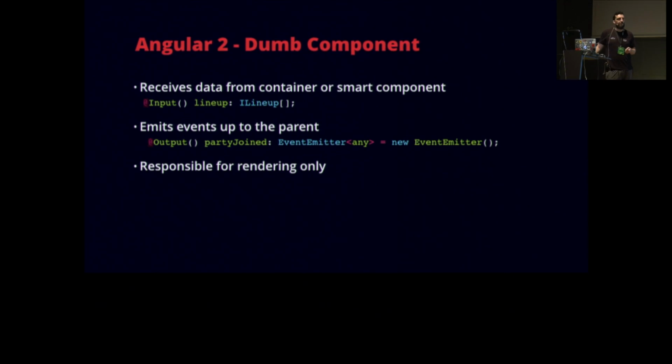Its main responsibility is rendering only. It doesn't know how to access state, it doesn't know how to modify state, and it doesn't know how to dispatch actions. It's pretty dumb in that it's only relying on what you've passed in and the things that it emits up, which allows these to be highly reusable throughout your application.